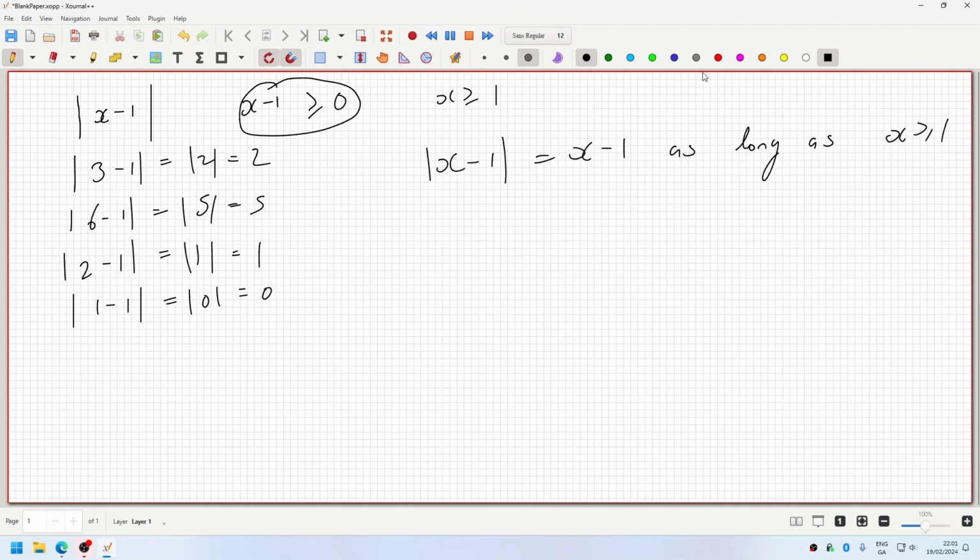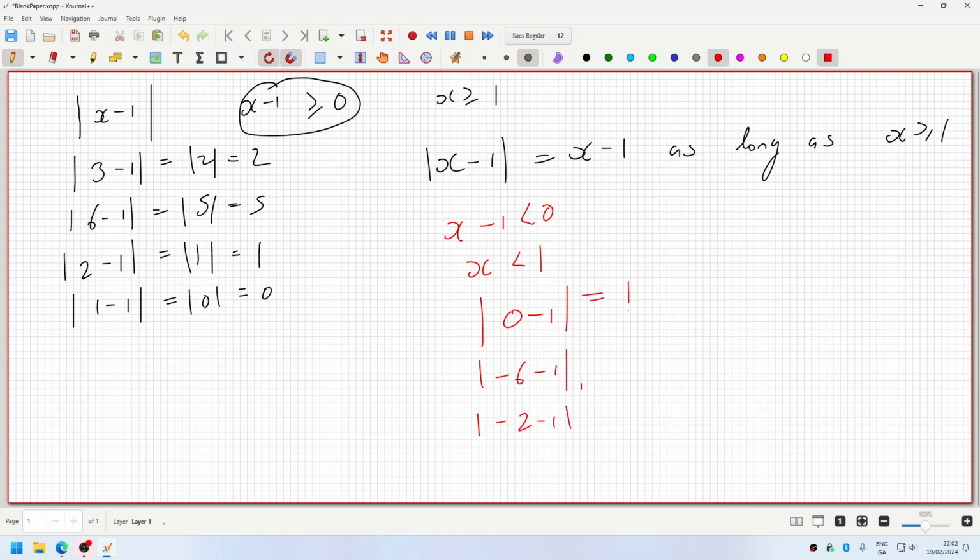Now, what about the opposite? What about if x minus 1 was less than 0? Or in other words, x was less than 1. And I don't want to include the 0 this time because I have it in the other situation. So let's say x is less than 1. So for example, it could be like 0 minus 1, or minus 6 minus 1, or minus 2 minus 1.